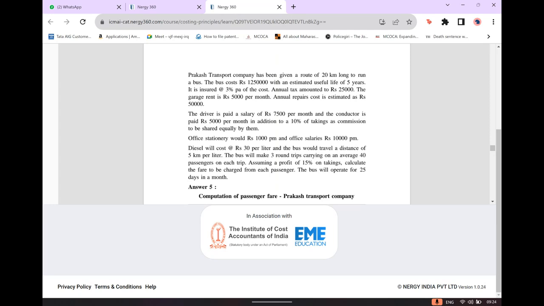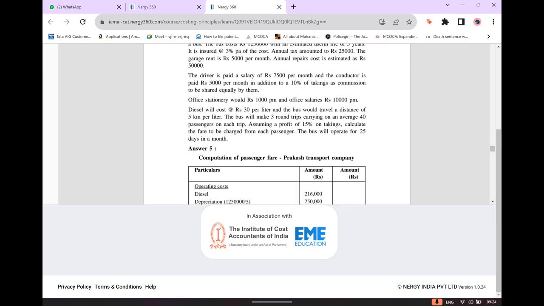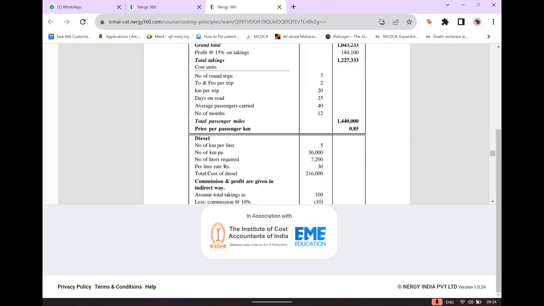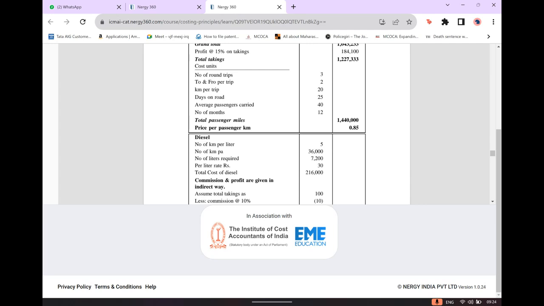Assuming a profit of 15% on takings, calculate the fare to be charged from each passenger. The bus will operate for 25 days in a month. Okay. So before calculating the cost, we will calculate the diesel cost.